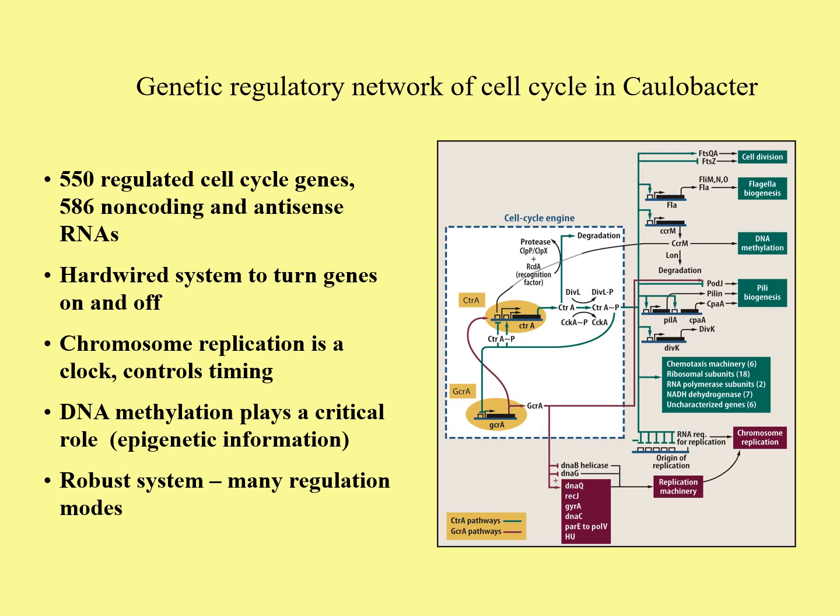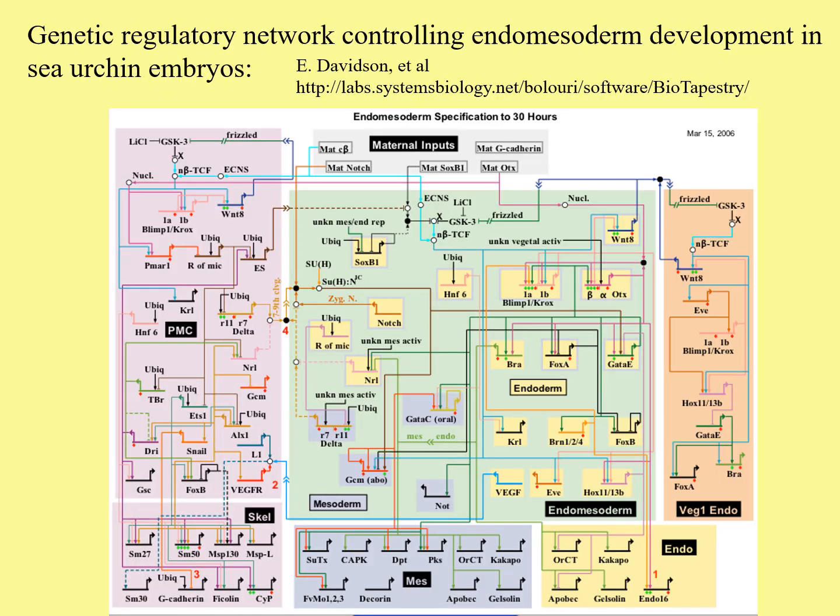DNA methylation is an example of a modification of DNA that changes gene regulation without changing the DNA sequence. The authors describe this genetic regulatory network as a robust system with many regulation modes. I encourage you to take a look at the paper for a deeper appreciation of this amazing genetic regulatory network.